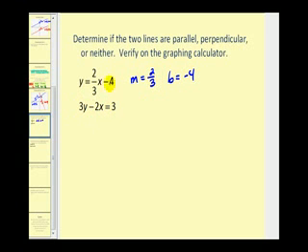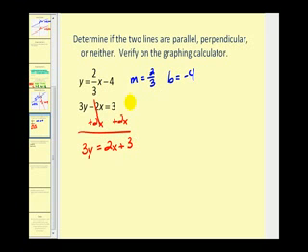So if we want to solve this equation for y, we should add 2x to both sides. So we have 3y equals 2x plus 3. Now we'll divide everything by 3. So we have y equals 2/3 x plus 1.